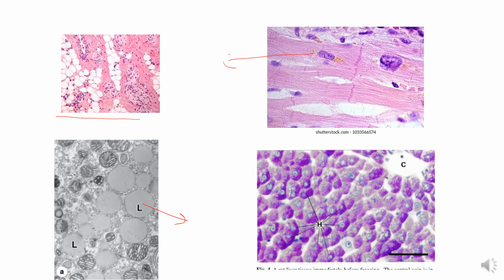This is the histological section of the liver, showing the hepatocytes with special staining known as PAS staining, and under this staining, the glycogen granules appear as magenta colored granules present in the cytoplasm of the cell.